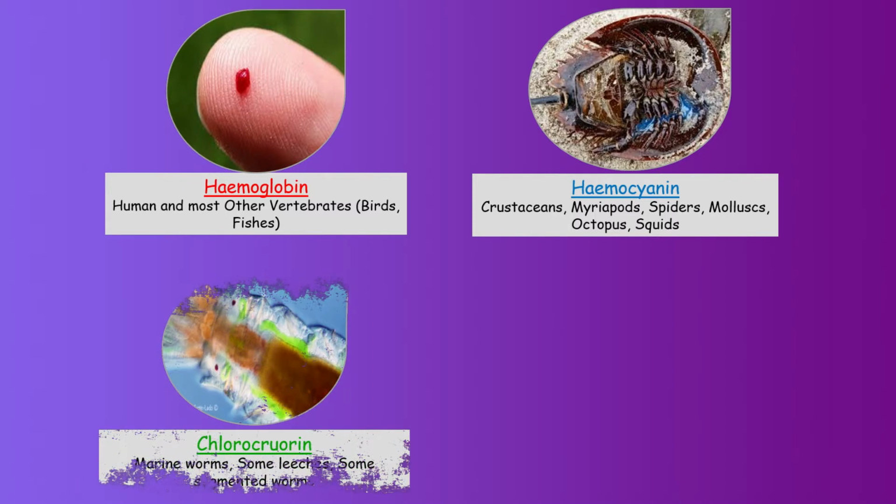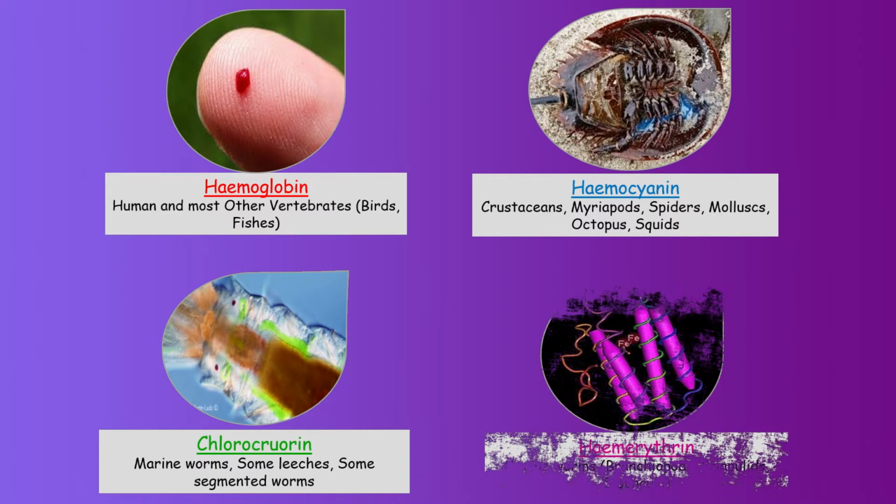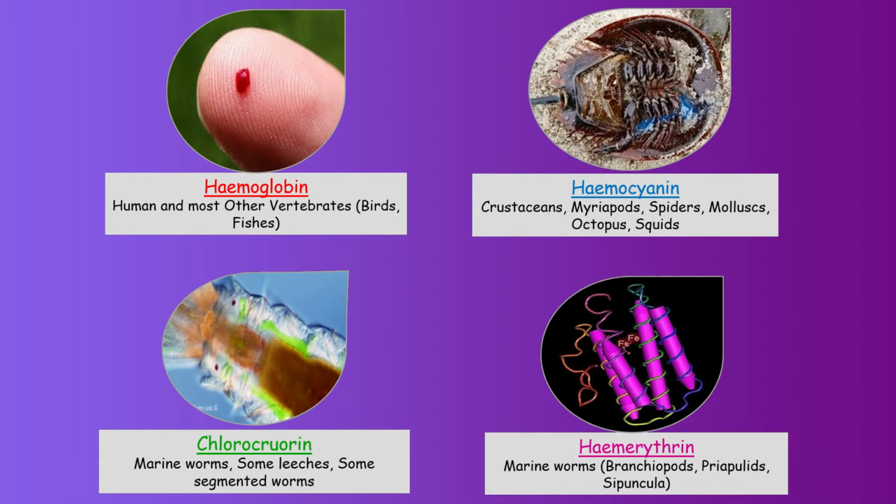Chlorocruorin is rare but is found in marine worms, several leeches, and some salamander worms. It appears green, as I stated previously. And finally, hemerythrin is only present in marine worms, which include brachiopods, priapulids, and sipunculans.